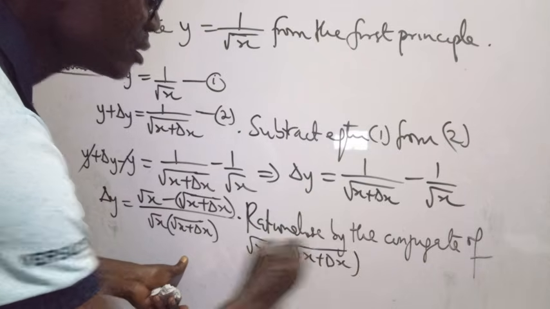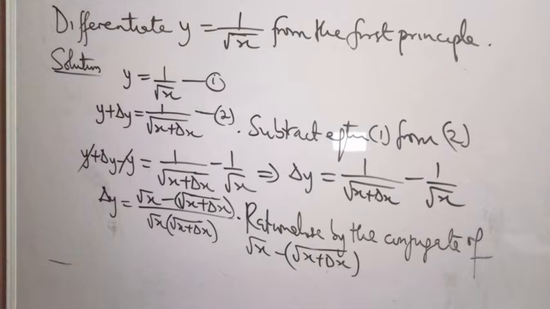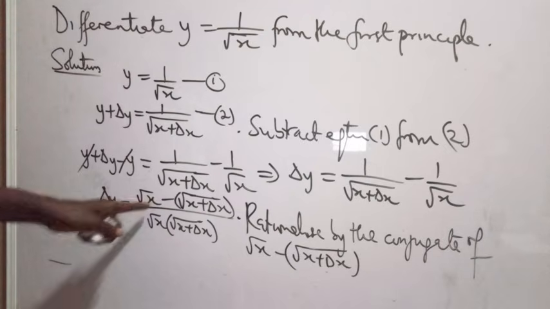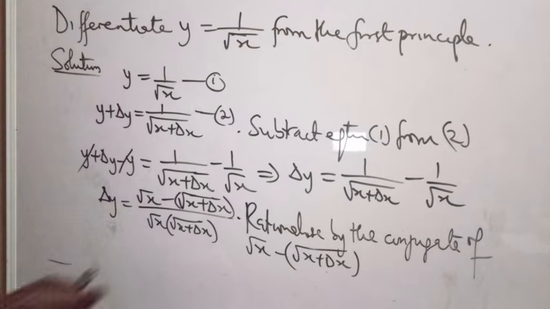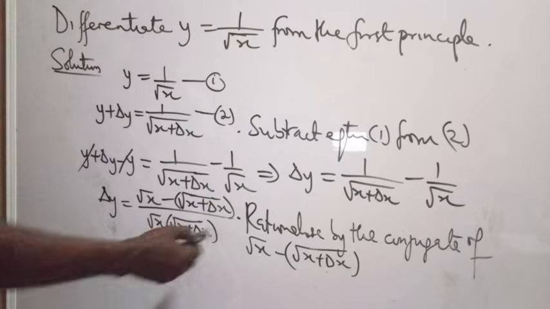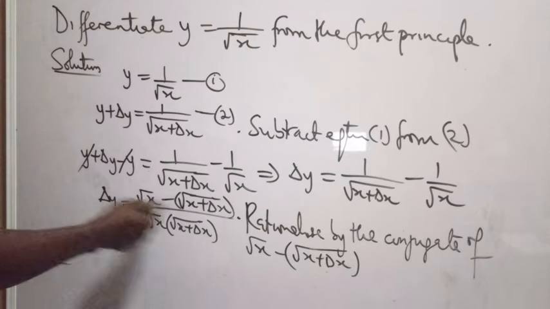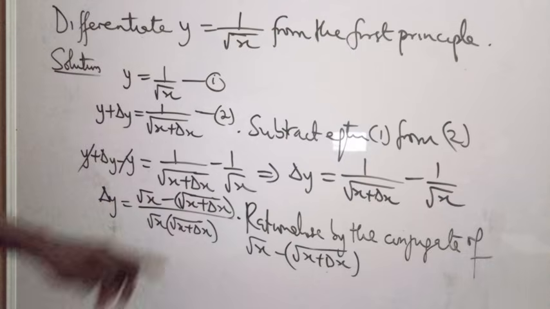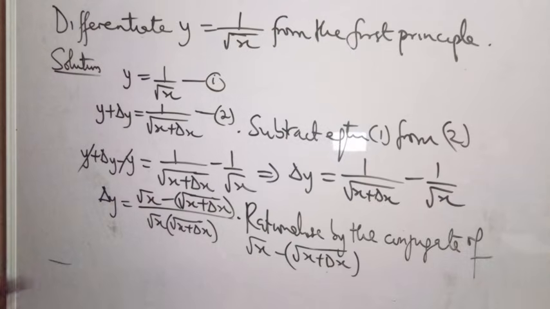That is the conjugate of the numerator. We can't use the denominator here. It will be proper to use the one that has a separation of functions with a minus sign, so that it gives us a difference of two squares, rather than just a product of two functions.